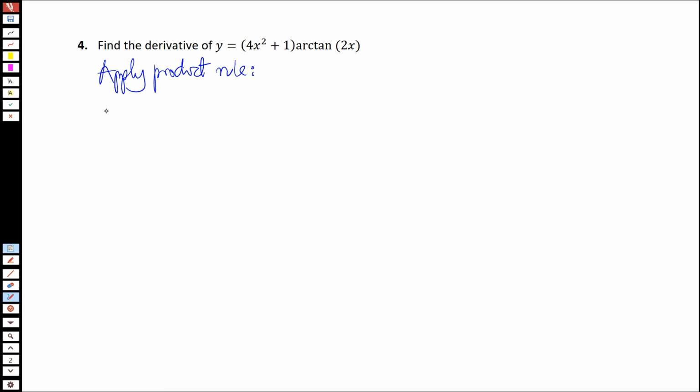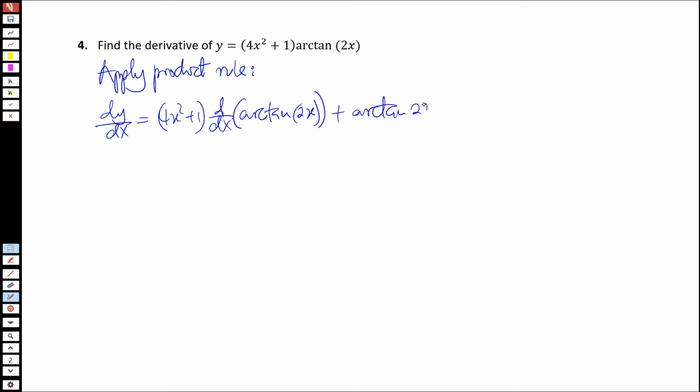Which implies that dy over dx will be equal to 4x squared plus 1 multiplied by the derivative of arctan 2x, plus arctan 2x multiplied by the derivative of 4x squared plus 1.